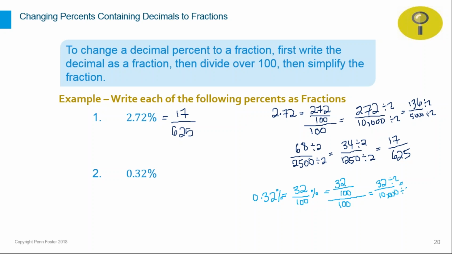I'm not going to go over all of the simplification, but you're going to keep dividing over 2 until you get to 2 over 625. That is the fraction form. Nothing goes into both 2 and 625, so that is it for your fraction, and that would be your final answer.